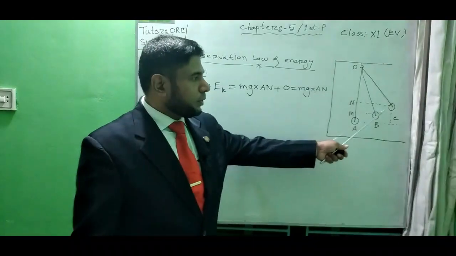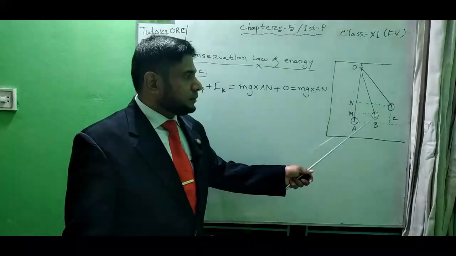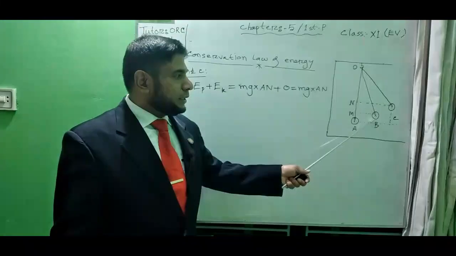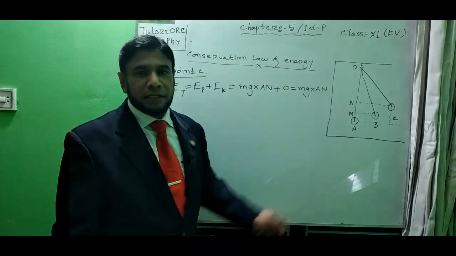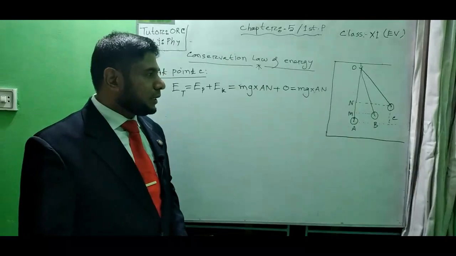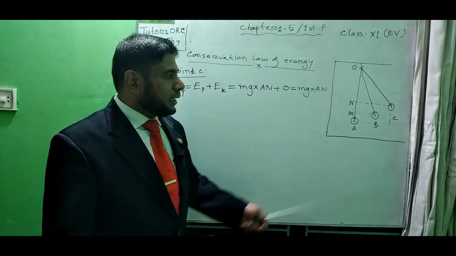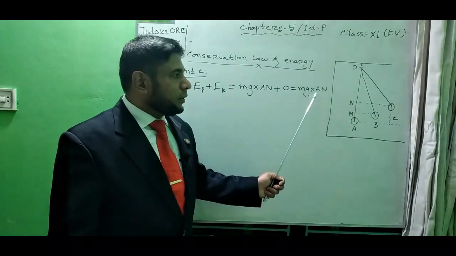Now when the object reaches from point C to point B, we will get both potential energy and kinetic energy. Then we will add the potential energy and kinetic energy, that means the total mechanical energy, and compare whether the total energy at point B is similar to the total energy at point C or not.